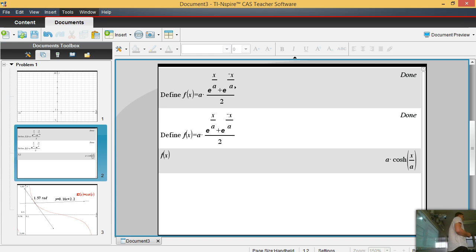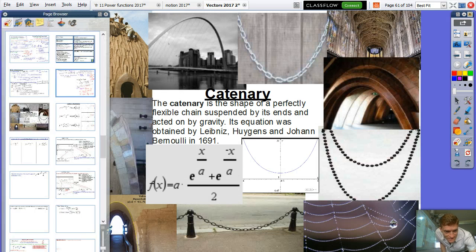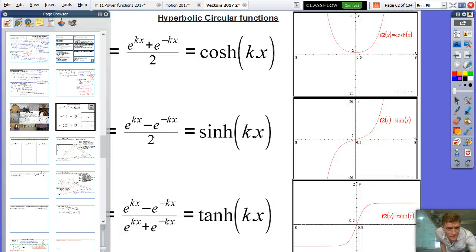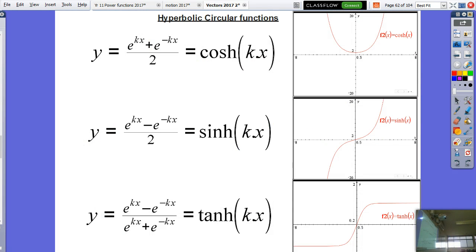You've got a sine, a cosh, and a tanh function. Sine, cosh, and tanh. Okay, so there they are. What I'd like you to do is define that for yourself, and write them down.